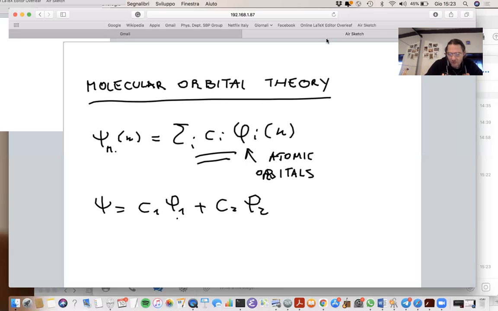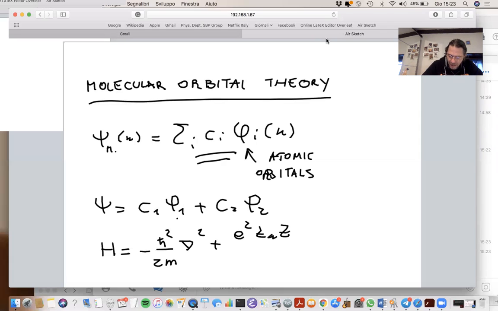Okay, so now in order to evaluate the expectation values of the energy, I need the Hamiltonian. And of course, the Hamiltonian is going to be the kinetic energy of the electron plus the repulsion between the static nuclei. Remember, we are in the Born-Oppenheimer approximation. That's the distance between the nuclei. And the attraction of the electron to either of the atoms.